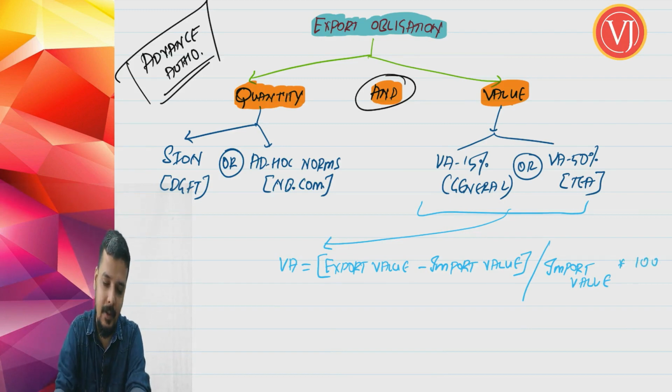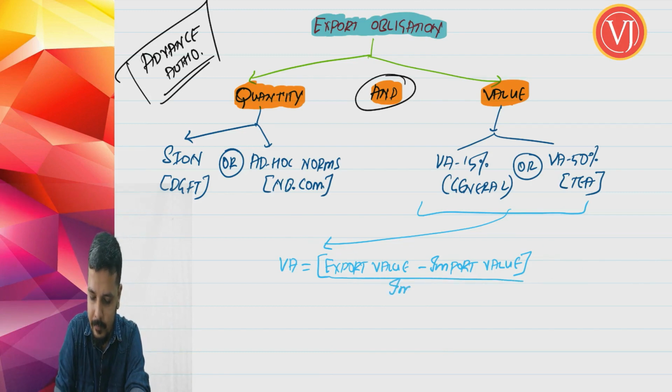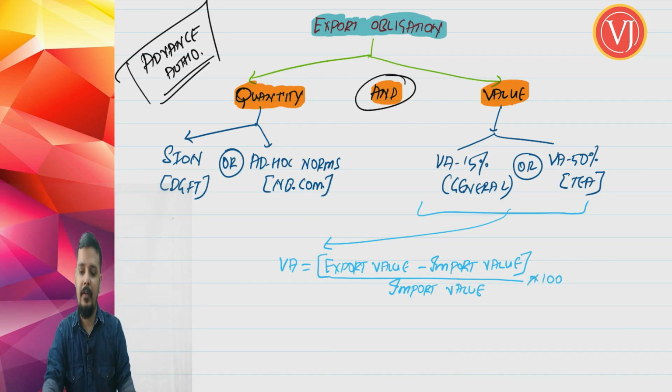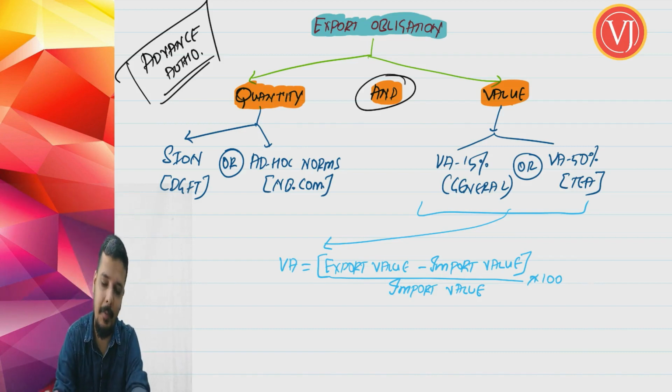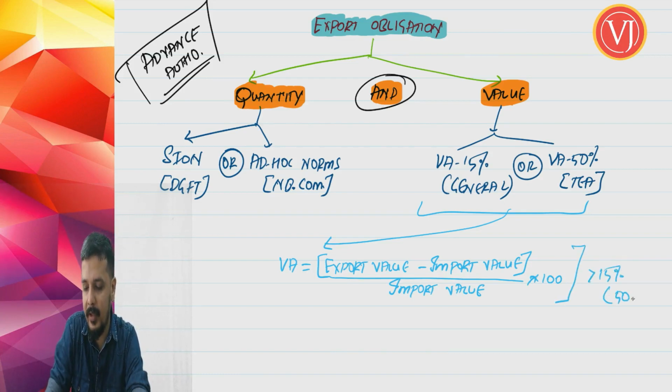So I may write this in a better way so that you are not confused with this formula. The numerator is export value minus import value, the denominator is import value, multiplied by 100. Normally it should be more than 15%. For the normal sector it should be more than 15%, and if it is the T sector it should be more than 50%. Special case, 50% for T.